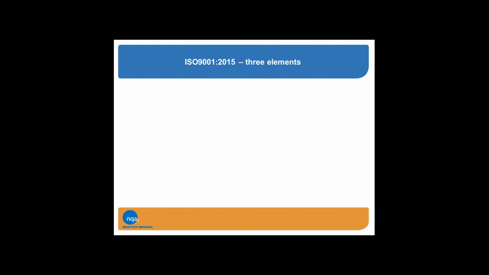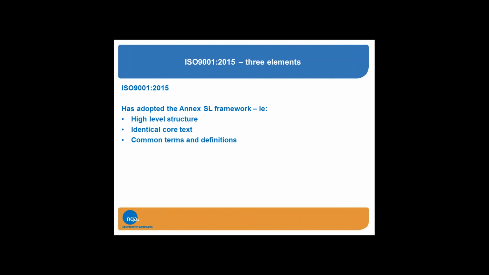Looking at the 2015 standard, there are 3 elements to consider. 9001 has now adopted the Annex SL framework, which, as I've indicated, gives us the high-level structure, identical core text, and common terms and definitions for all management system standards. Indeed, 30% of the 2015 standard is taken up by Annex SL.